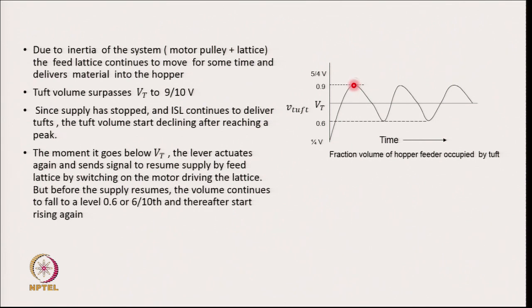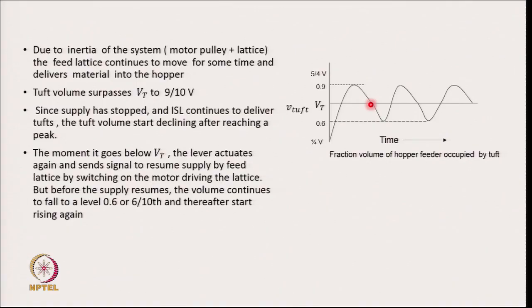So, the material volume after reaching the peak will move down and down. So, it is going down and down. So, volume is going to reduce, and a time is going to come when it is close to the target, and it will go below the target value of volume.